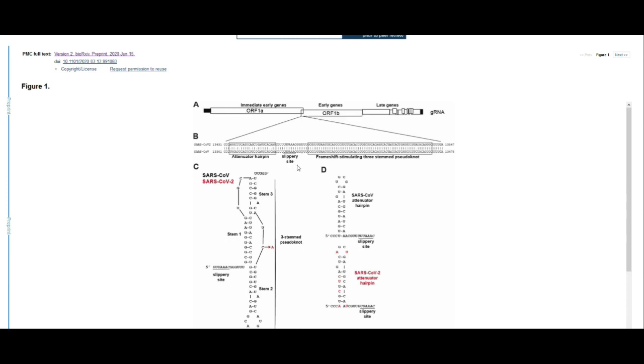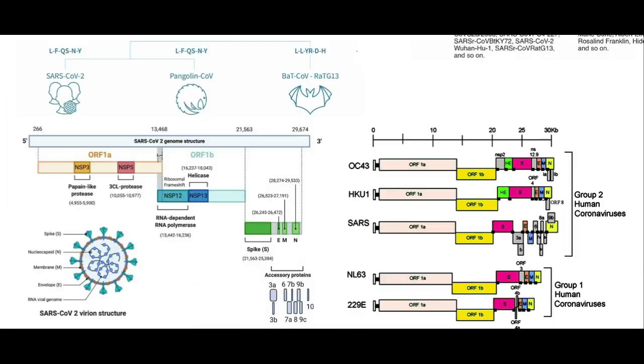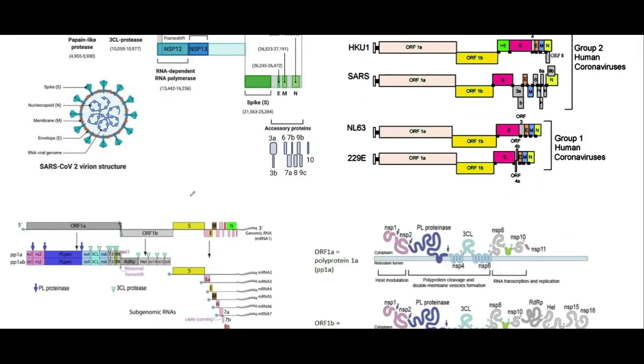Then there's this slippage site, a frame shift site, where it can move over and start translating this part in a different reading frame, and so you actually get multiple different proteins from the same stretch of RNA.